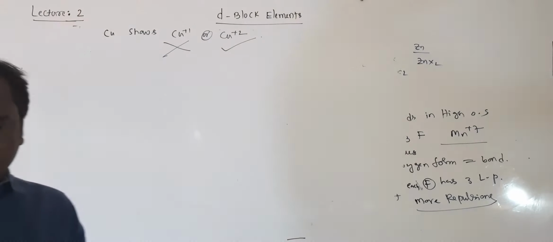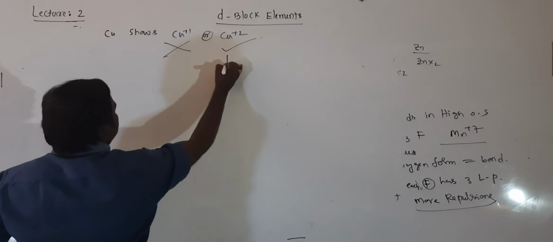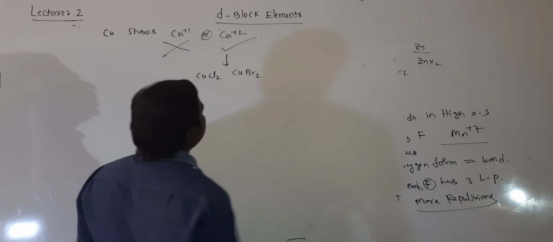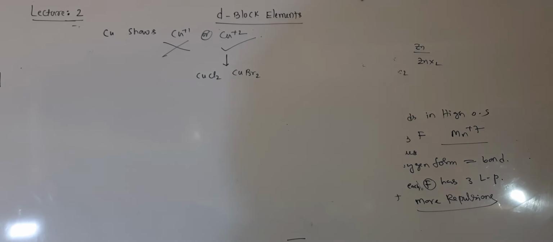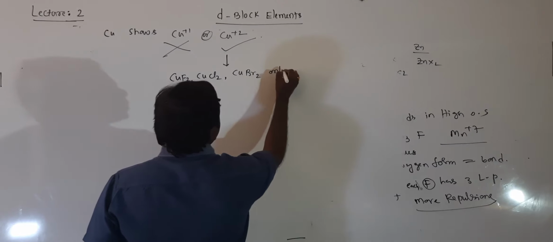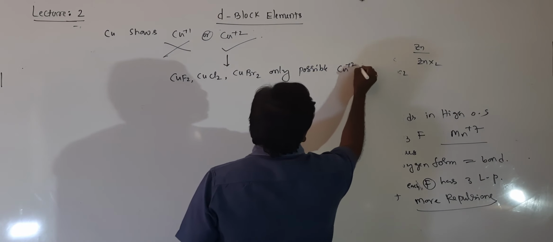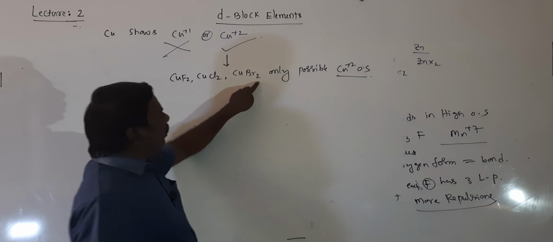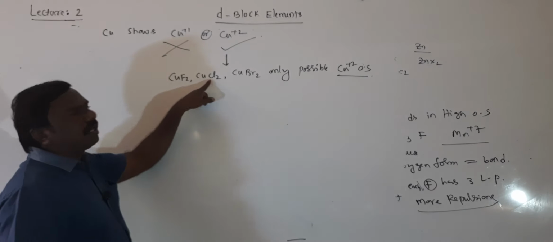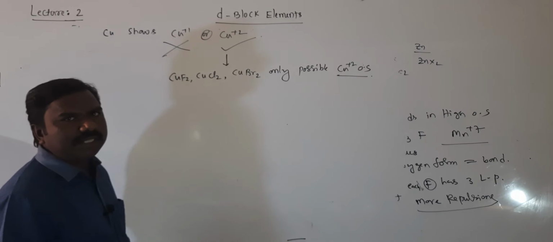Copper halides, if you observe, CuCl2, CuBr2 and CuF2 only possible. CuF2 only possible. In which oxidation state? Cu plus 2 oxidation state. So 2 into minus 1, minus 2, must be equal to 0, means plus 2. So plus 2 oxidation state here.